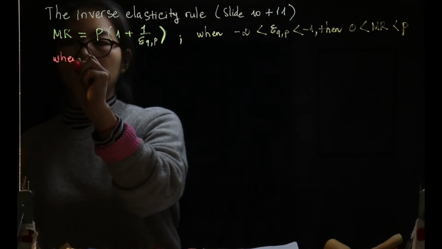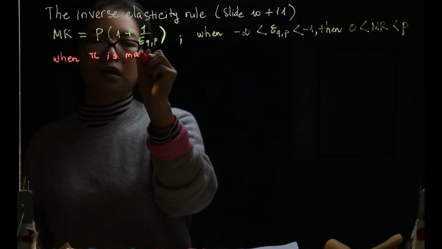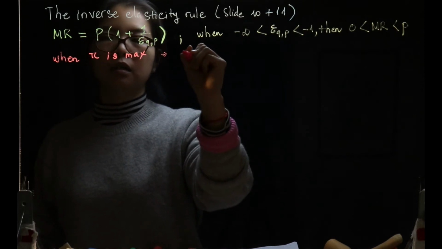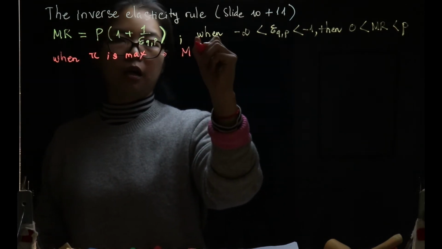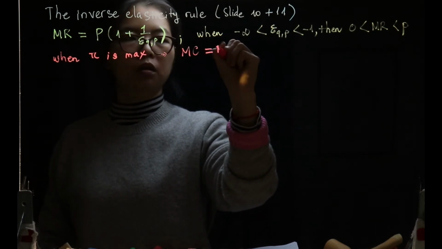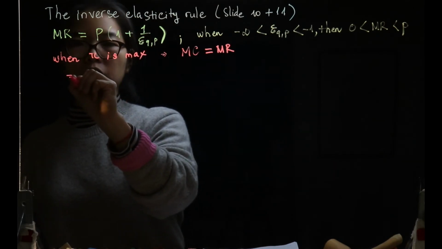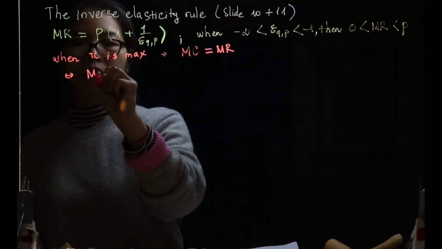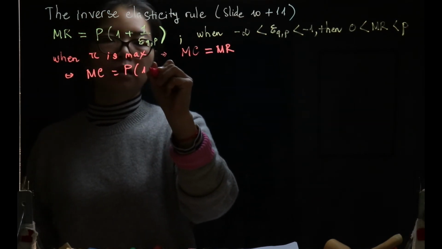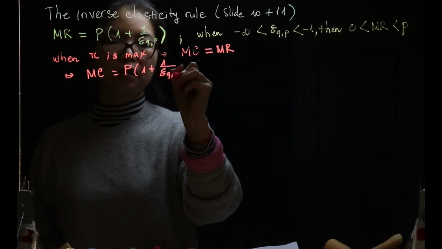So now remember that when profit is max, the firm will set the production output so that its marginal cost equals the marginal revenue. For that reason, we could also write marginal cost equals P times 1 plus 1 over the elasticity of demand.